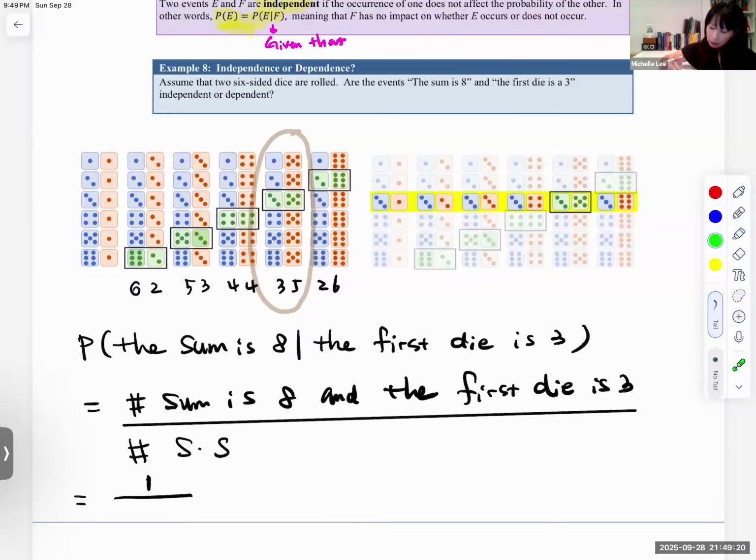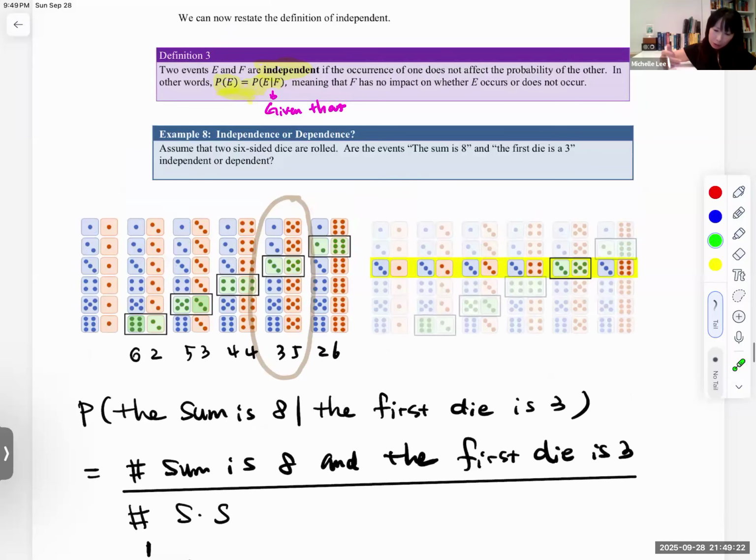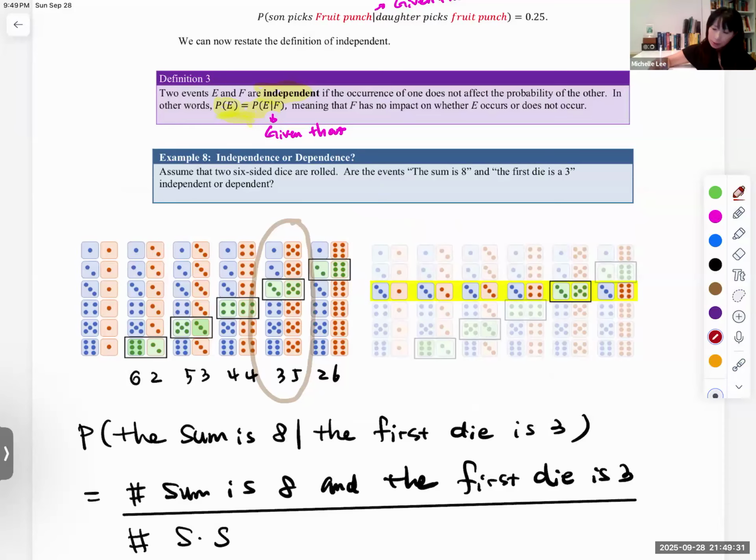All right, so let me write down the formula first. A little bit confusing, right? We call this conditional probability.